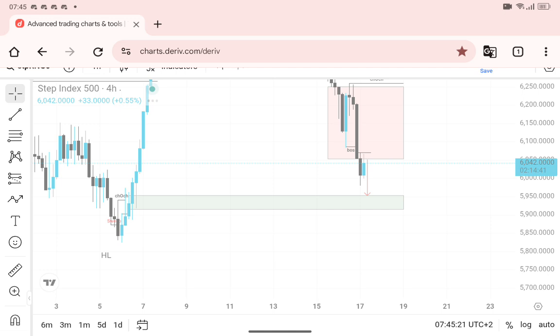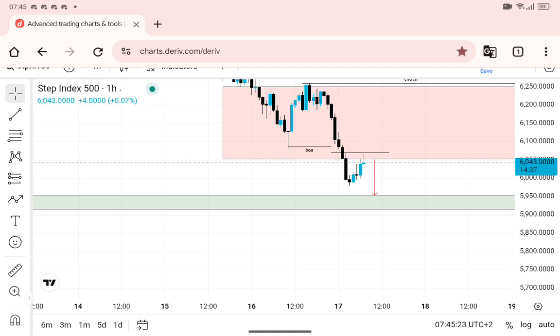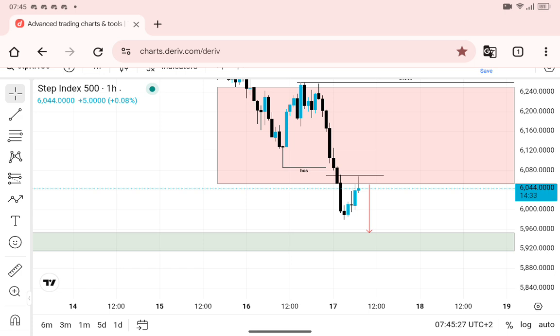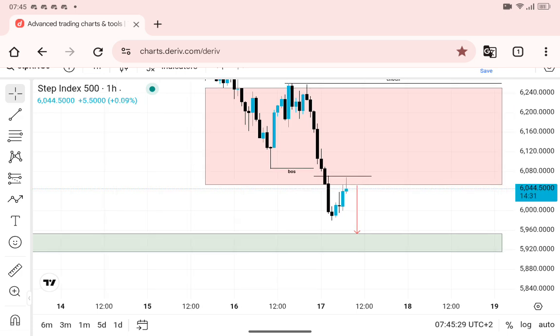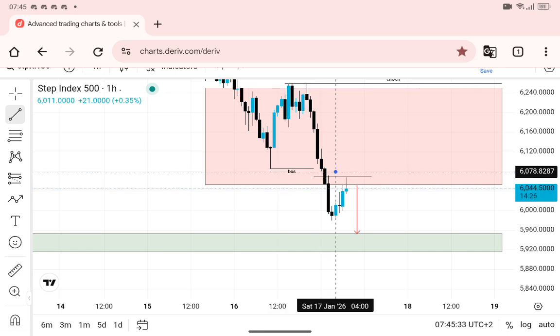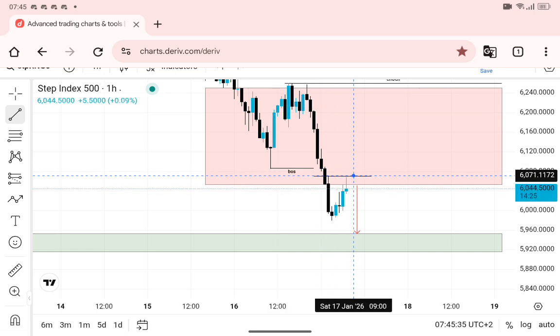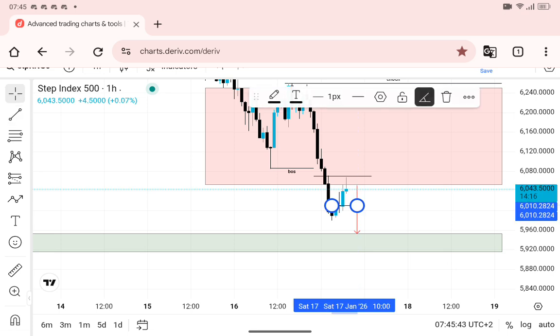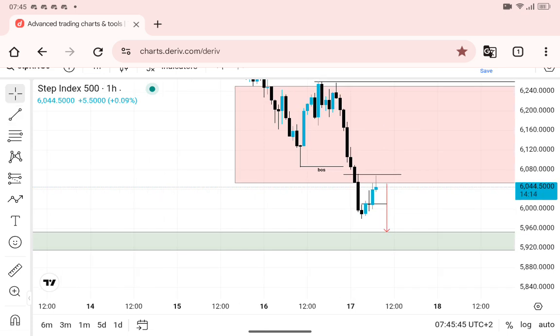So if I go to 1 hour, they have printed a low, right? They have printed a low according to 1 hour, not according to 4 hour. Remember, 4 hour, they have to confirm there. 1 hour, they confirmed here.